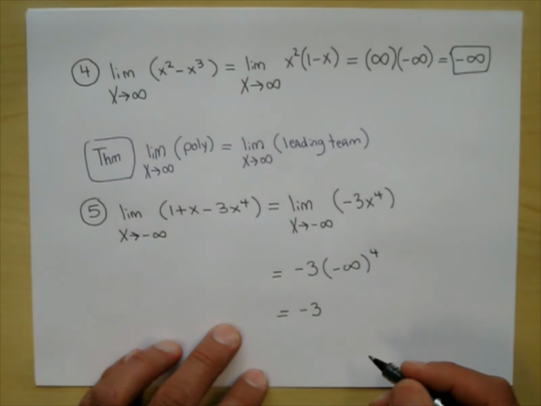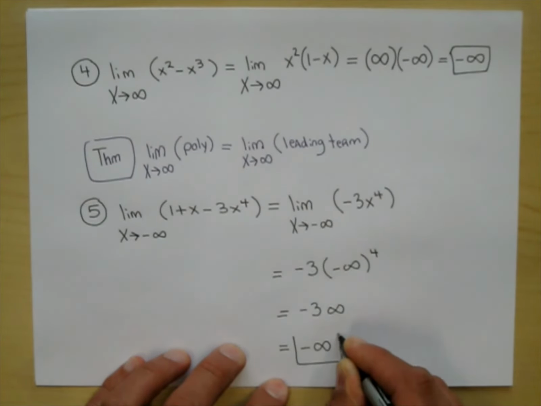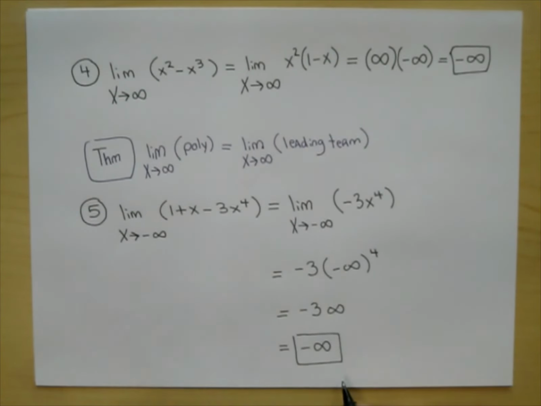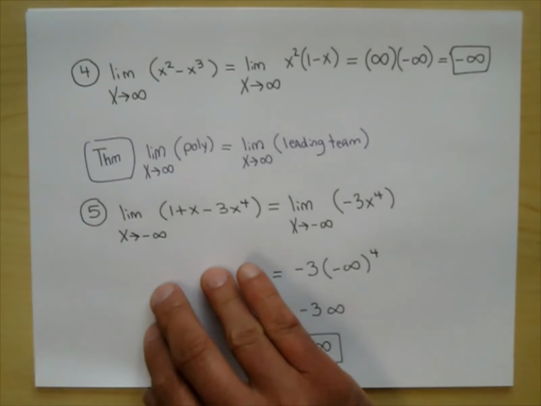What's negative 3 times infinity? That is negative infinity. And just a reminder, when we put negative infinity for our answer, it is a specific kind of does not exist. So we do want to put that symbol there. So that is problem number 5 on these limits at infinity. Let's go ahead and do some more problems.